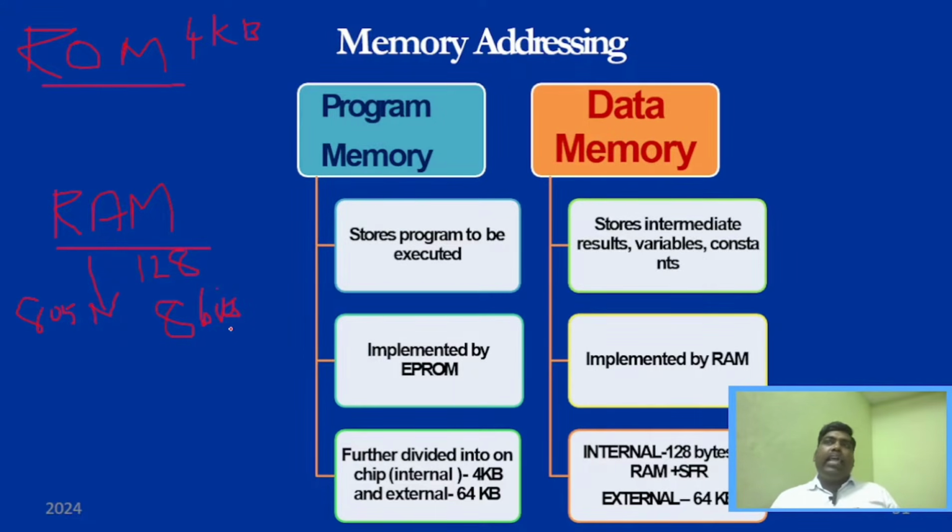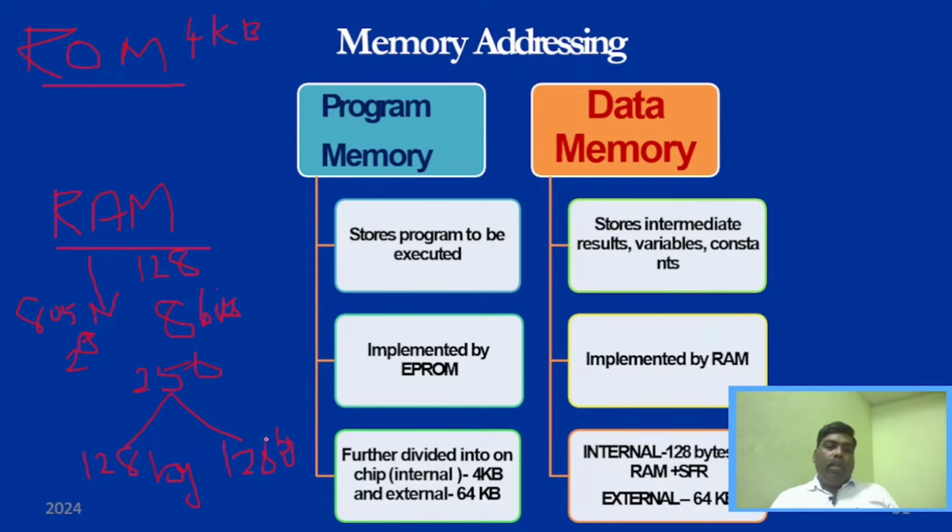If it is 8 bits, the total number of memory locations possible is 2 to the power of 8, which is 256 bytes. This 256 bytes can be segregated as upper 128 bytes and lower 128 bytes. This is the normal split-up for RAM in 8051, the memory allocation split-up.